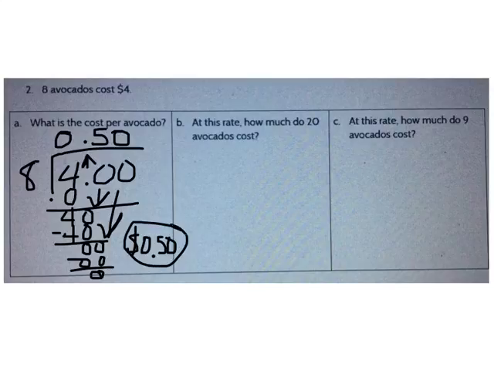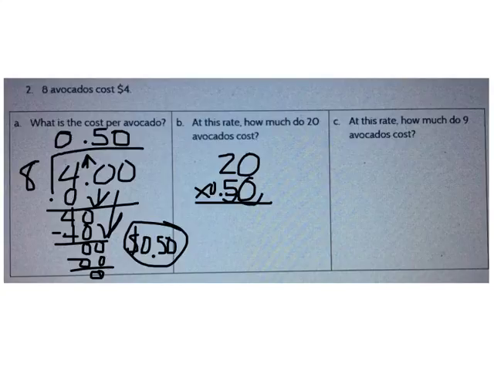Now that I know the price of one avocado, remember per means for every one, I can find the cost of any number of avocados by multiplying. At this rate, how much do 20 avocados cost? So what's 20 times 50 cents? Remember to multiply by a decimal.